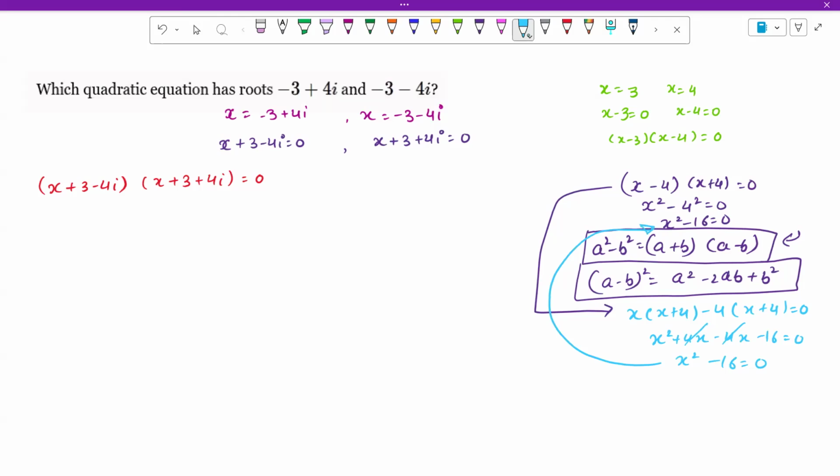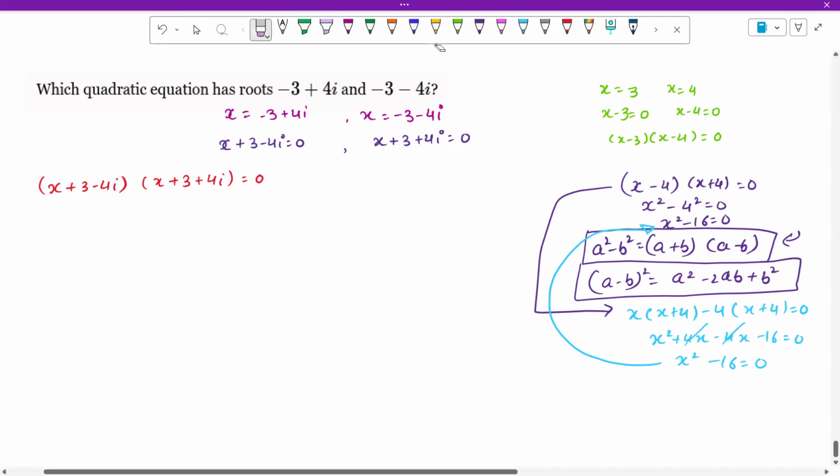So either we use the direct formula, or we multiply each term. Now multiplying each term is a little complicated. Why? Because there are one, two, three terms involved. So a lot of writing is involved.